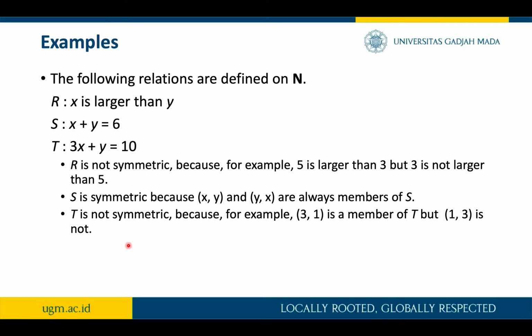And T is not symmetric, because for example we have (3, 1). (3, 1) is a member of T, since 3 times 3 plus 1 equals 10. But of course (1, 3) is not, because 3 times 1 plus 3 is only 6. So (3, 1) is a member of T, but (1, 3) is not.